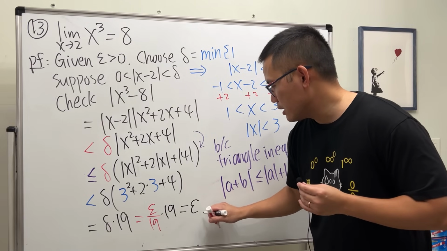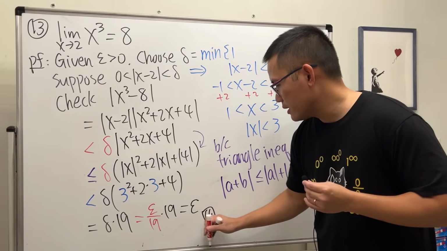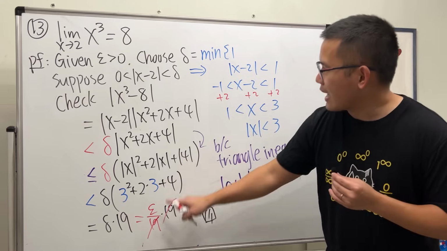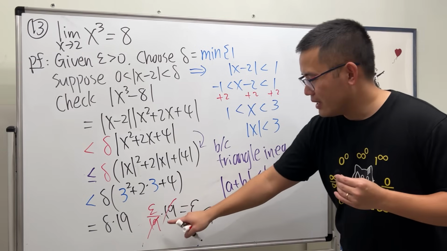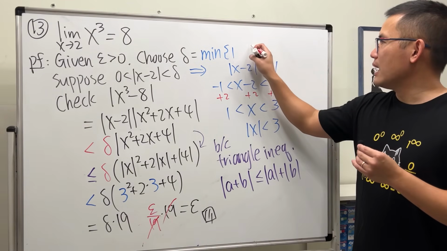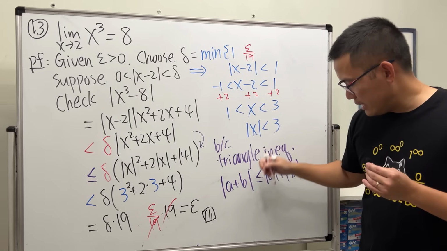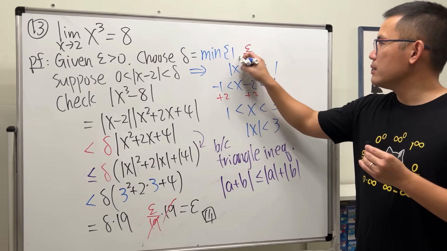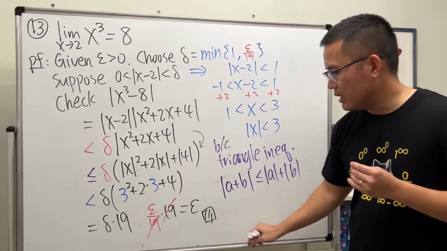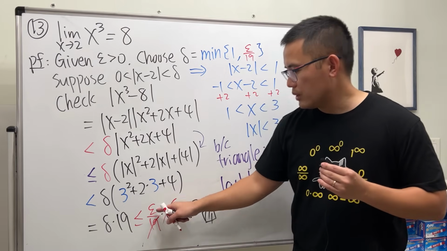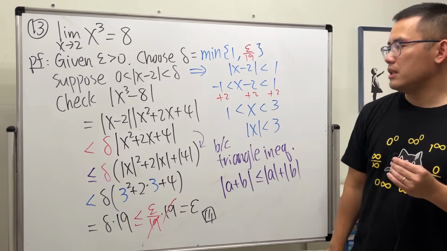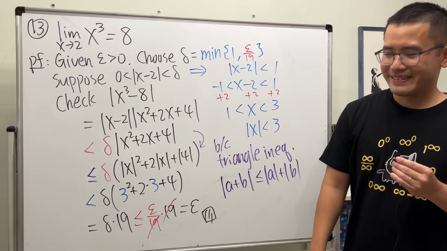This is epsilon. Cancel, cancel. I will come here and then put a, oops, sorry, I shouldn't say equal. I will say epsilon over 19, and that should have been less than or equal to. Delta is less than or equal to epsilon over 19 whenever you use the minimum. So just like that.